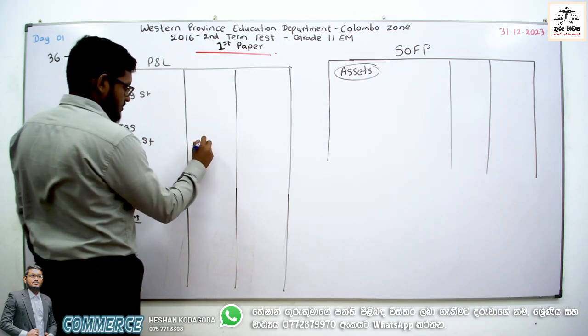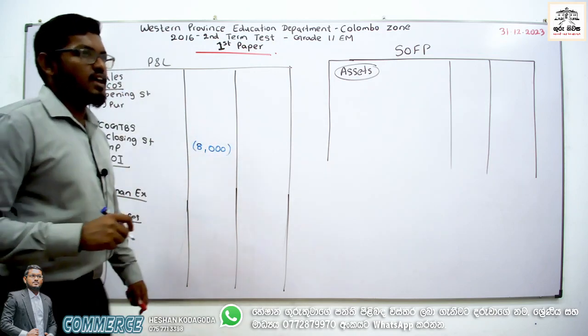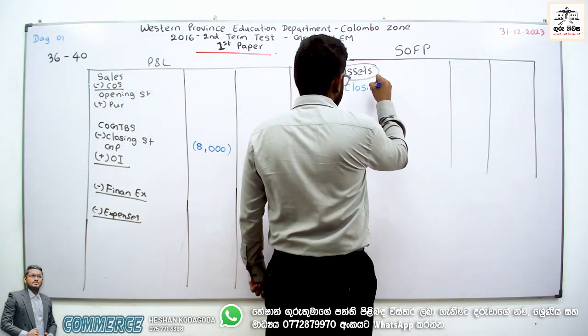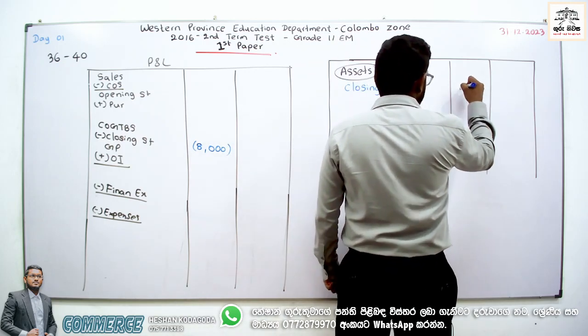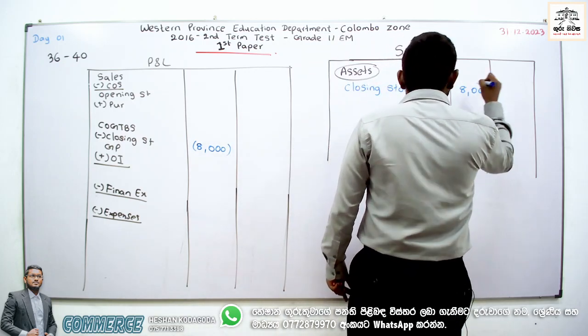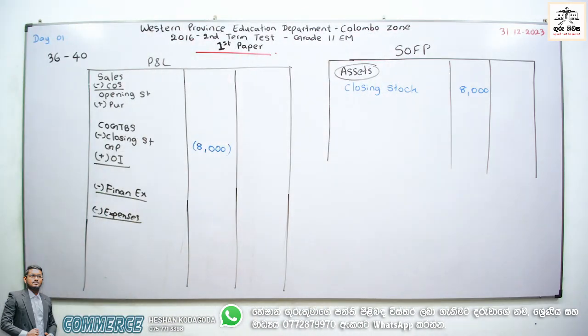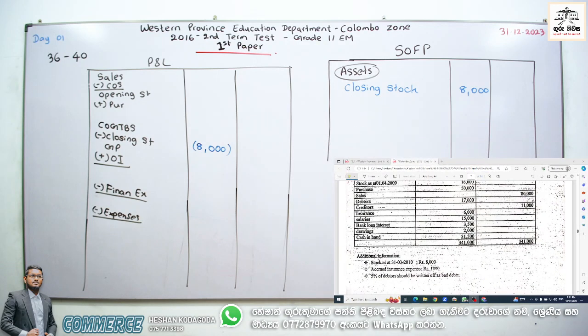Deduct it from here. Closing stock is an asset, so you can write closing stock 8,000 as an asset. Now the first one is done. You put a correction mark.